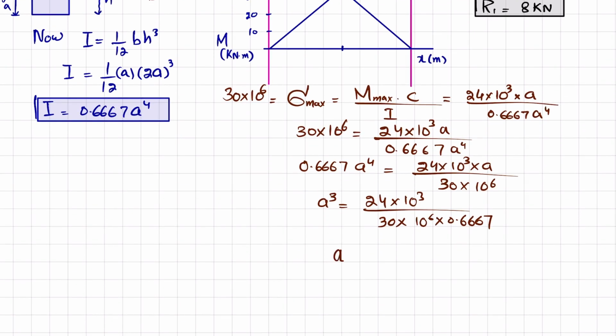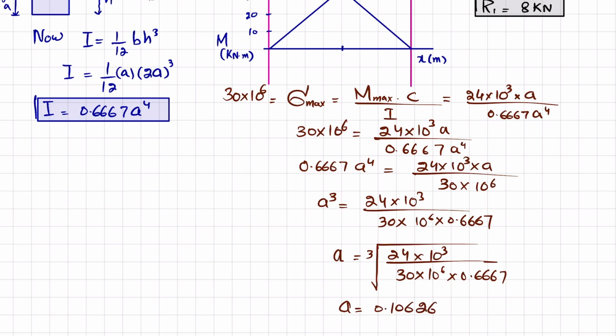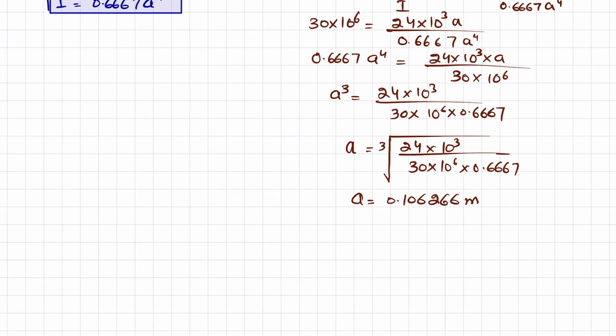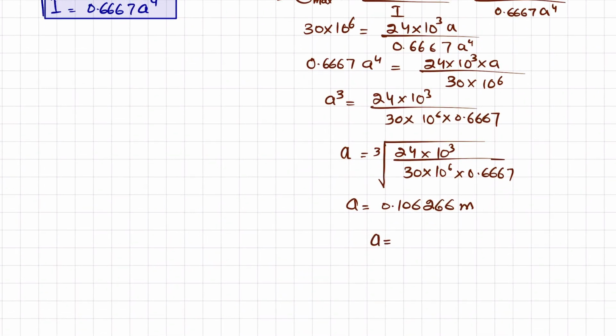So by taking the cube root, when you calculate it, you will get the value of A as 0.106266 meter, or in millimeter A will be equal to 106.2, or 106 millimeter.